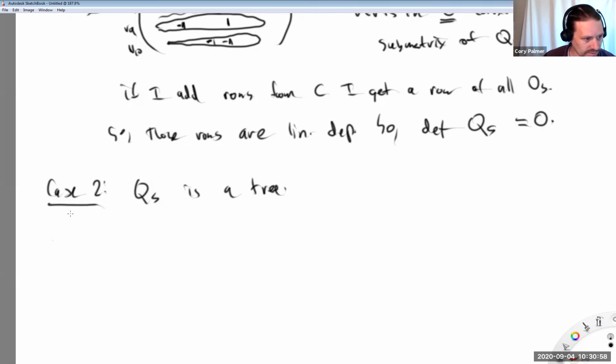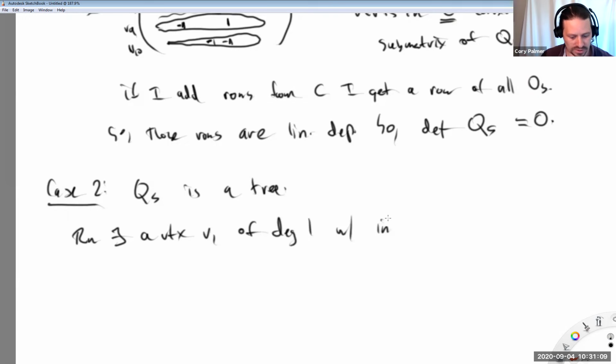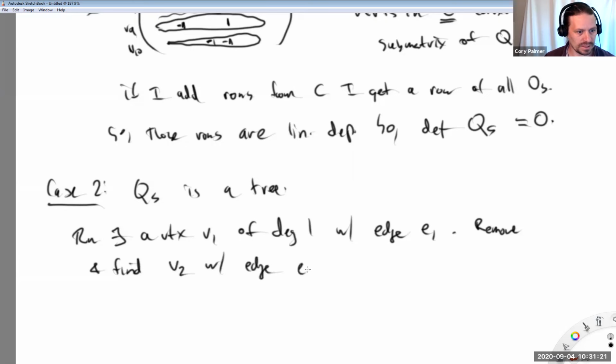So let's say that there exists a vertex v1 of degree 1 with incident edge e1. Remove it and find v2 with edge e2. Again, v2 is degree 1. Just keep doing this procedure and so on.